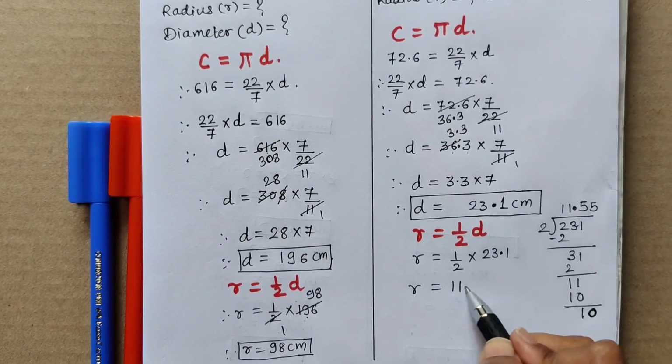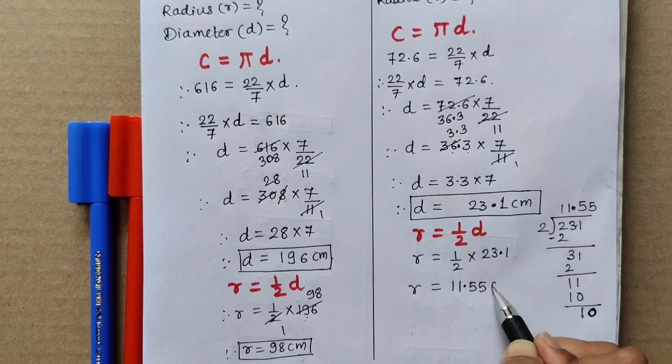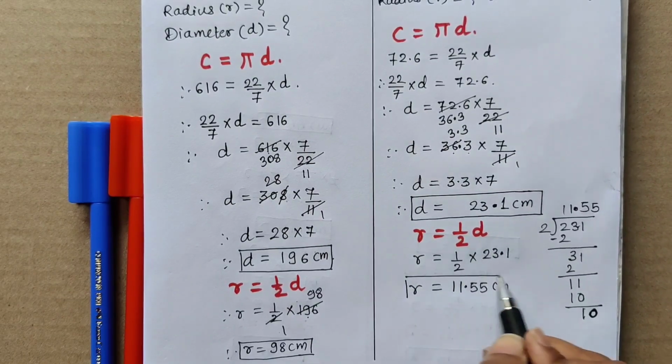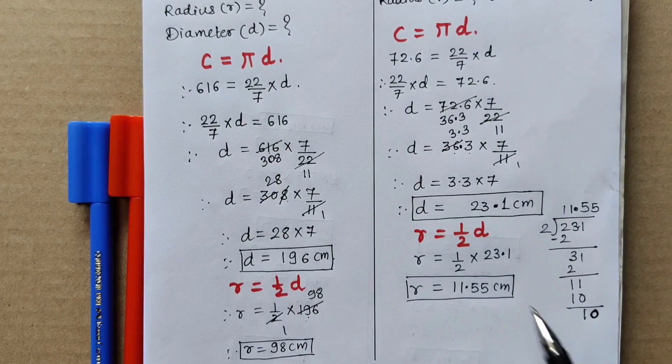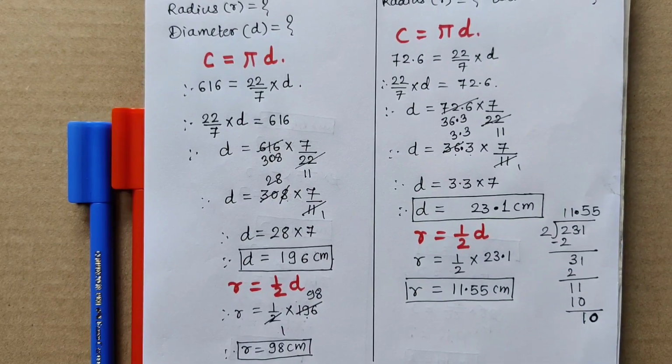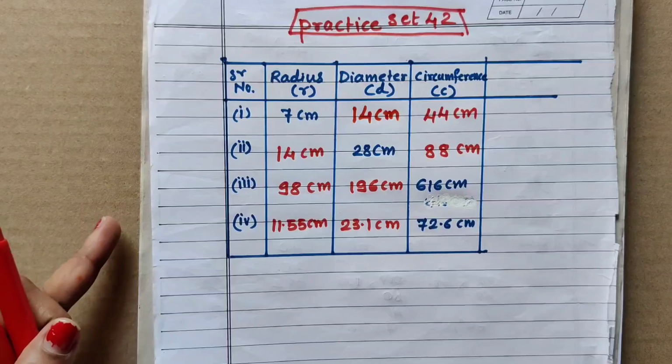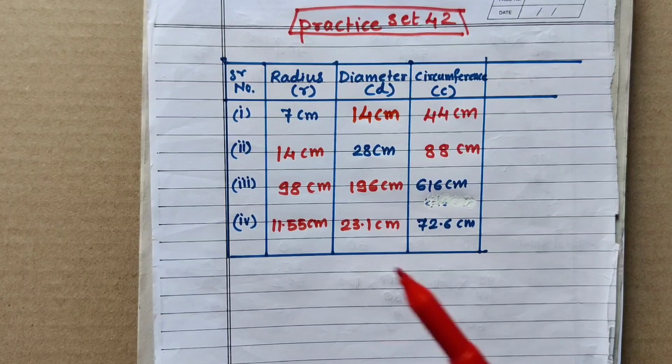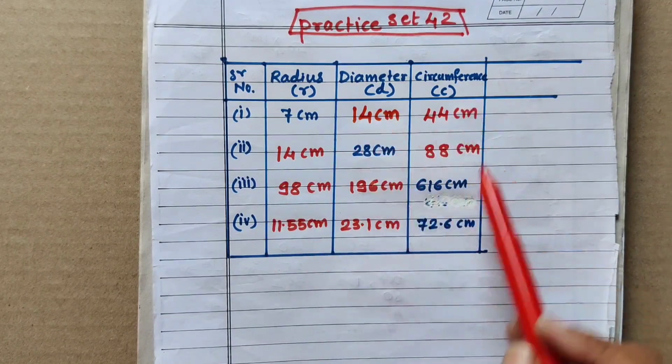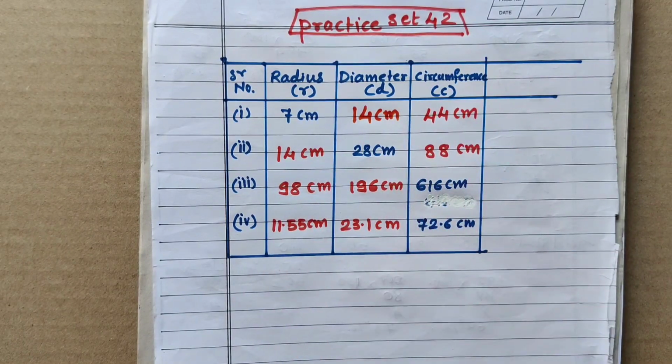So we are getting R is equal to 11.55 centimeter. So in this way we have to solve all 4 sums from this table, and then we can complete the table. So as you all can see, I have filled all the answers in my table and I have completed my question number 1 here.